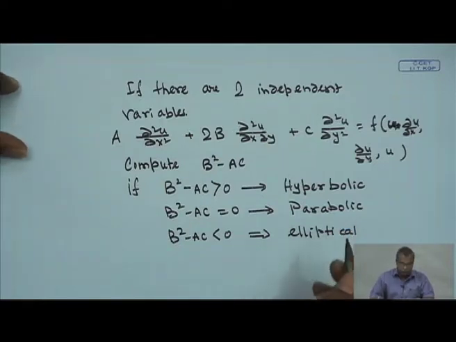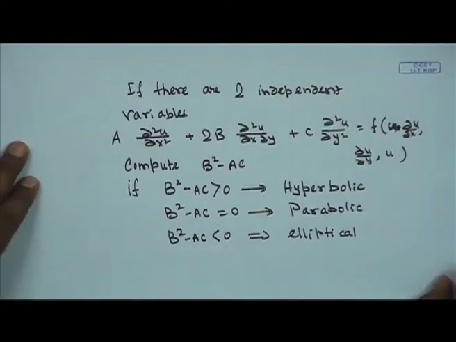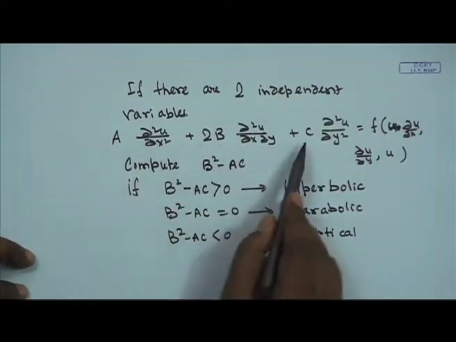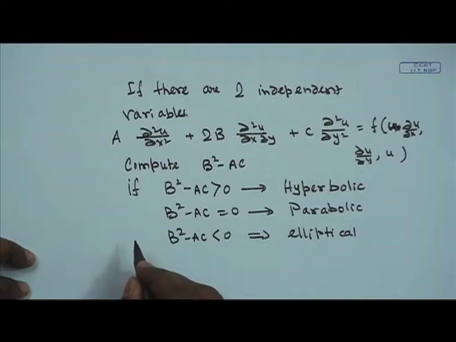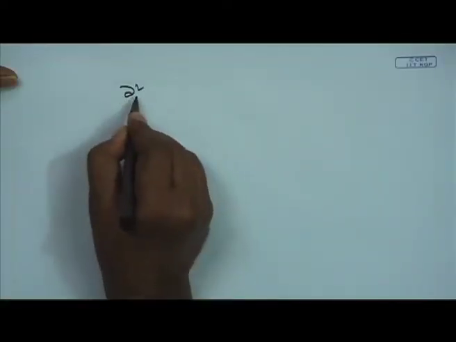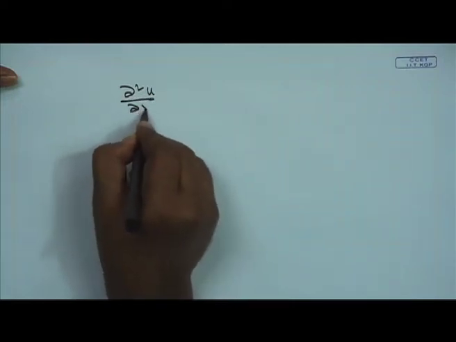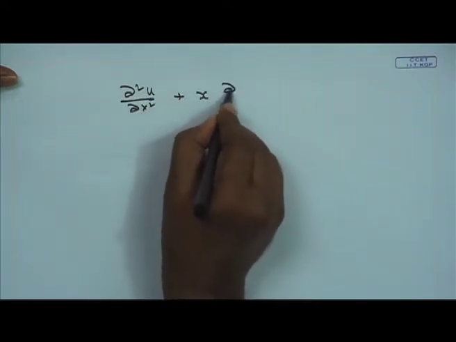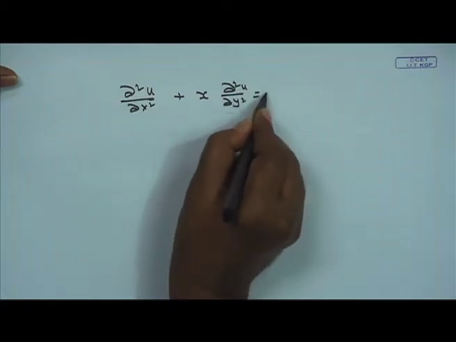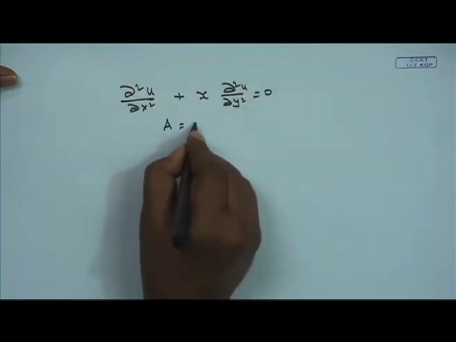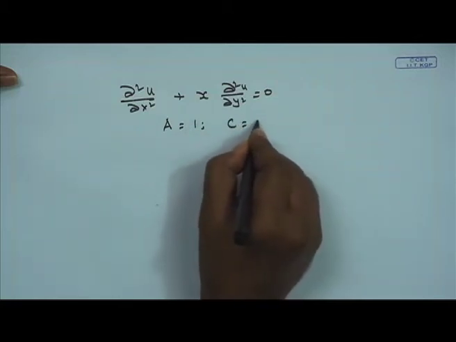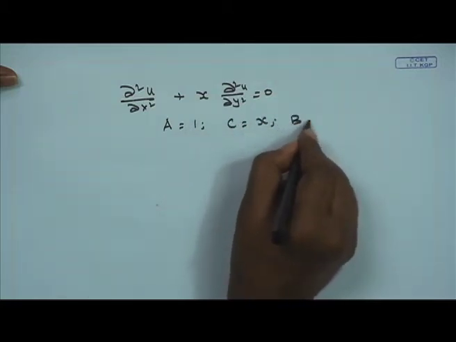Now sometimes you may not have constant coefficients, numerical values like 1, 2, 3. Sometimes there will be variables as well. So in that case, how will we define the equations? That will depend on the nature of the variable we are talking about. For example, if we have an equation ∂²u/∂x² + x ∂²u/∂y² = 0, in this case a = 1, c = x, and b = 0.